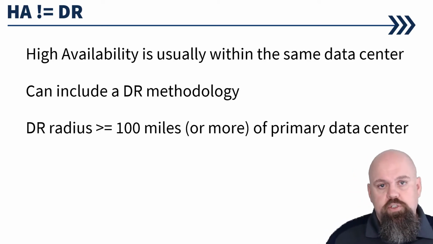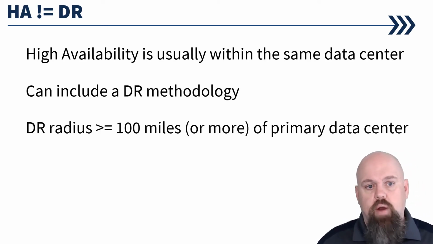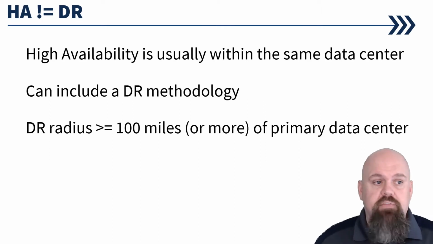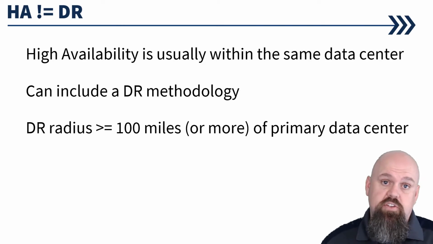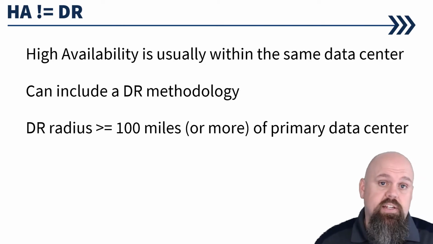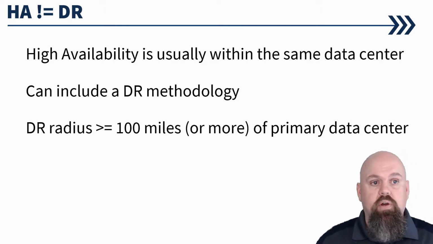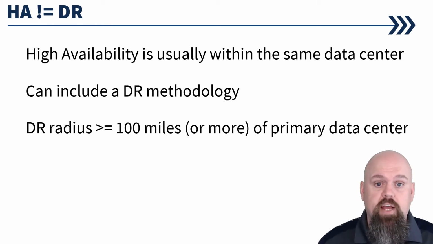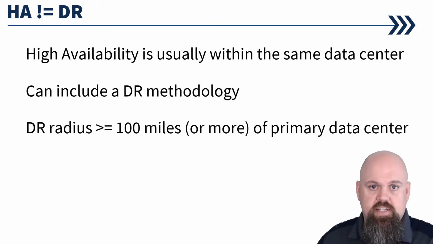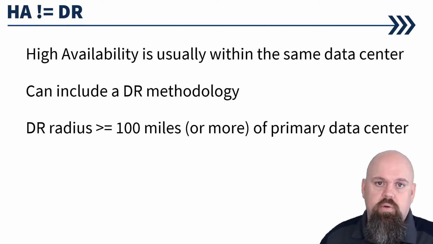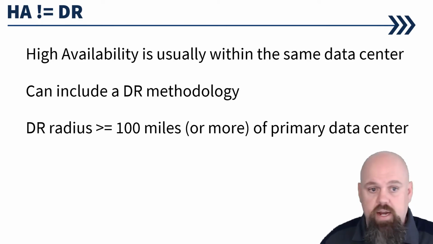Usually with a DR solution, your DR is going to be greater than 100 miles. I know of organizations whose DR is actually 10 blocks down the street. That is not, in my opinion, a DR solution, because what if an event comes along, say a tornado, and wipes out all of downtown, and your primary data center and your disaster recovery data center are all within the same 10 block radius?